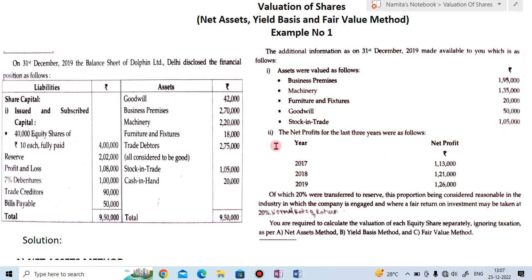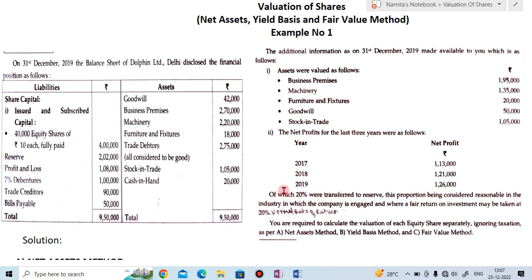Now the second point: the net profit for the last 3 years was as follows. Years are given, 2017, 18, 19, and profits are given. In 2017 the profit is 1,13,000. In 2018 the profit is 1,21,000. In 2019 the profit is 1,26,000.